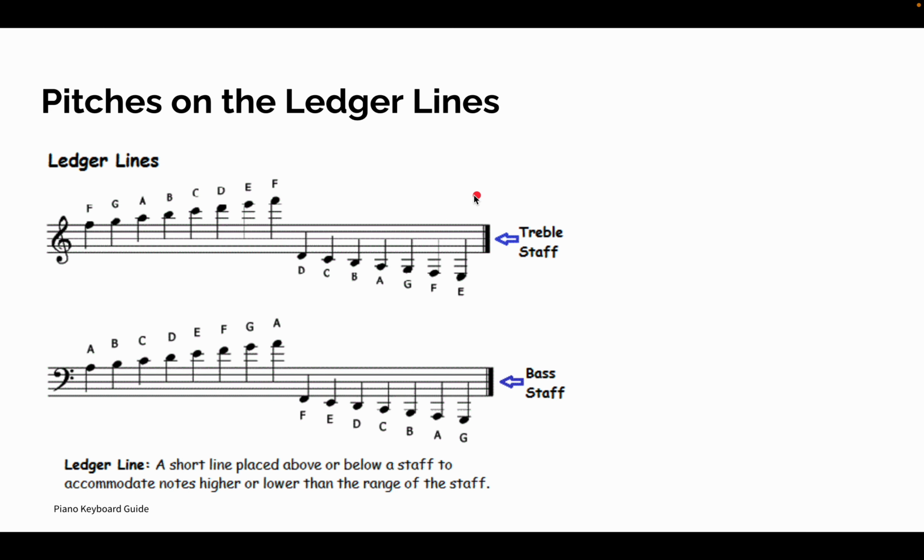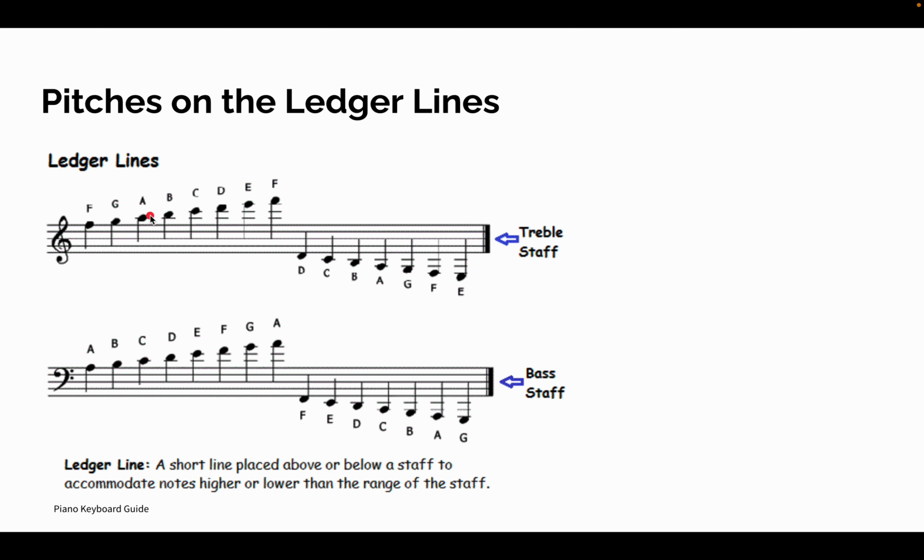And so now that we have a grasp on pitches, pitches will extend into ledger lines. And as you can see, we have ledger lines for both the treble and bass staff. You can see a definition of the ledger line provided over here on this image. It gives space for notes higher or lower than the normal staff to exist.